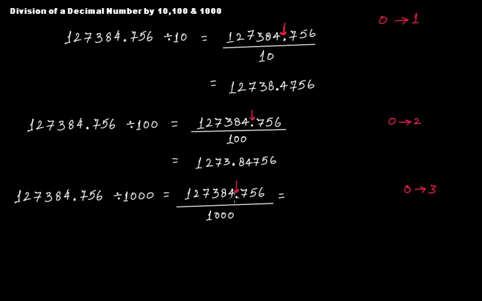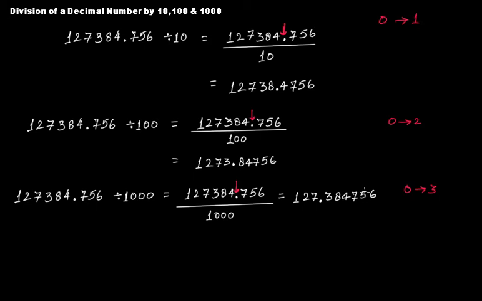Count 3 digits towards the left of this decimal point. First, that is 4. Second, that is 8. Third, that is 3 itself. So this is 127. Place your decimal point before this 3, and then 384756.